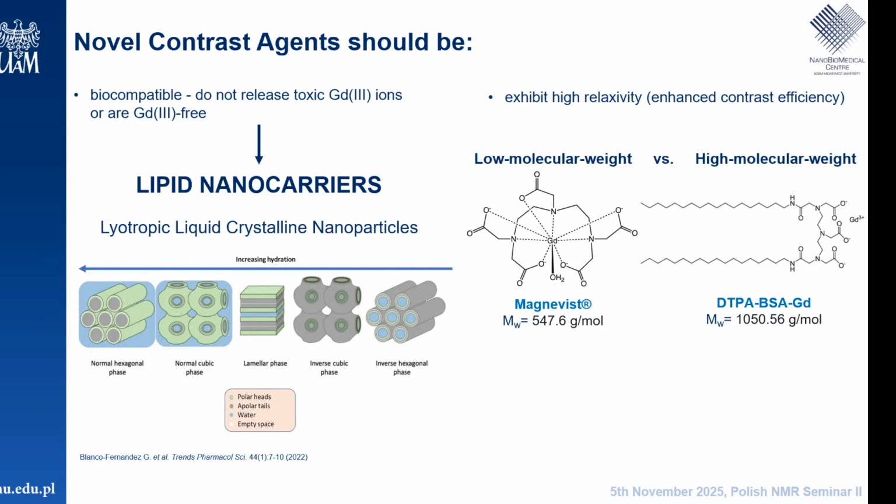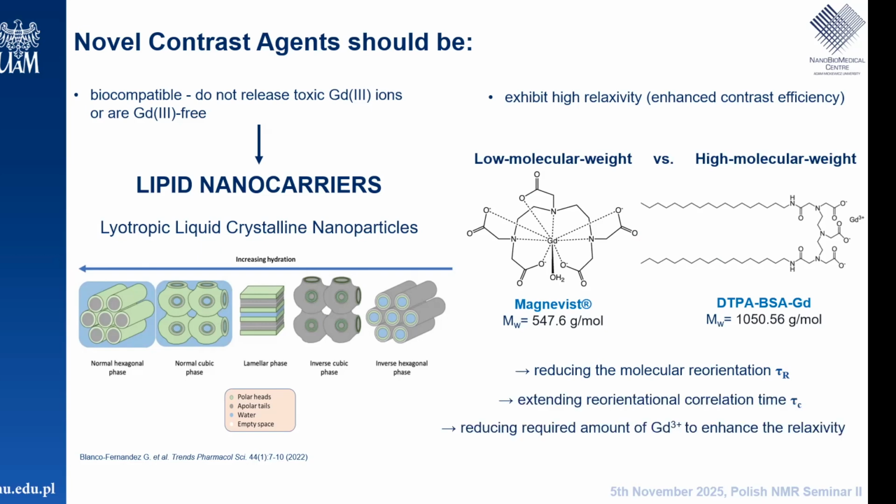And thanks to using this high molecular weight gadolinium chelating lipid, we can improve some molecular dynamic parameters, like reducing the molecular reorientation, extending the reorientational correlation time, but also reducing the required amount of gadolinium to enhance the relaxivity.